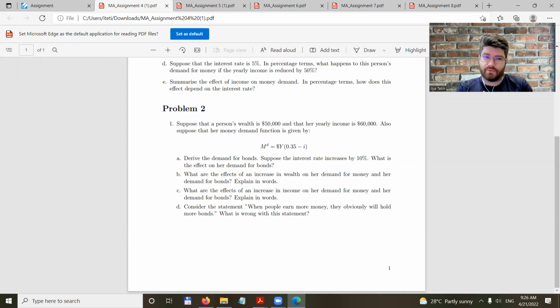Then if we substitute that, when people have more income, they obviously will hold more bonds. Is it true or not? People earn more income, their wealth does not change right away, and they increase their demand for money, and they decrease their demand for bonds. So this is the answer.